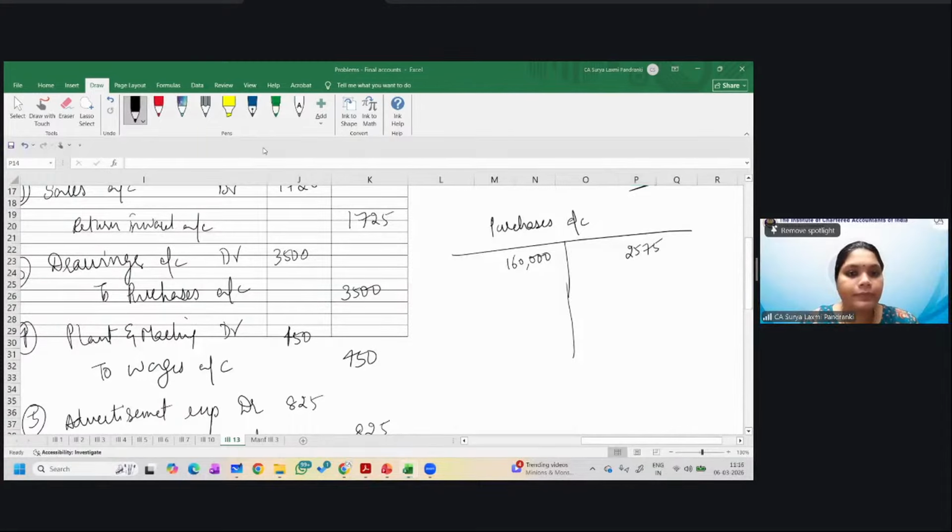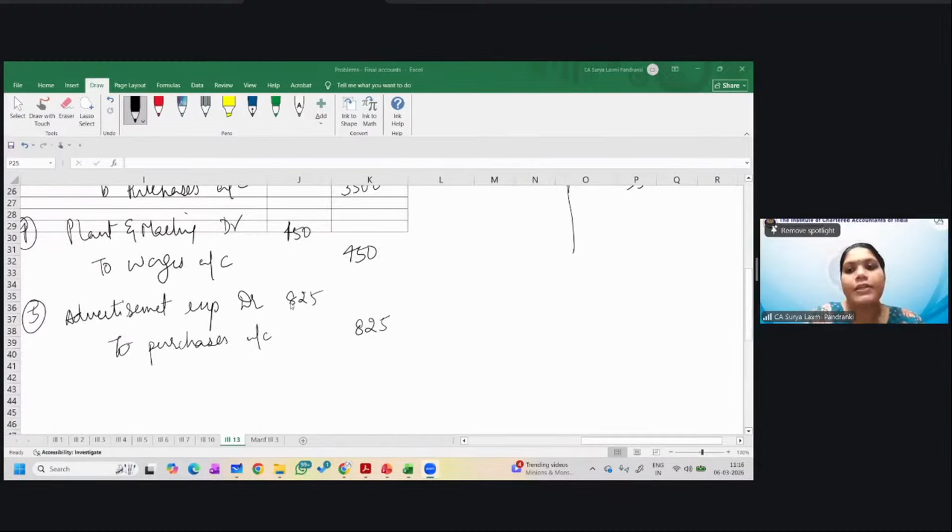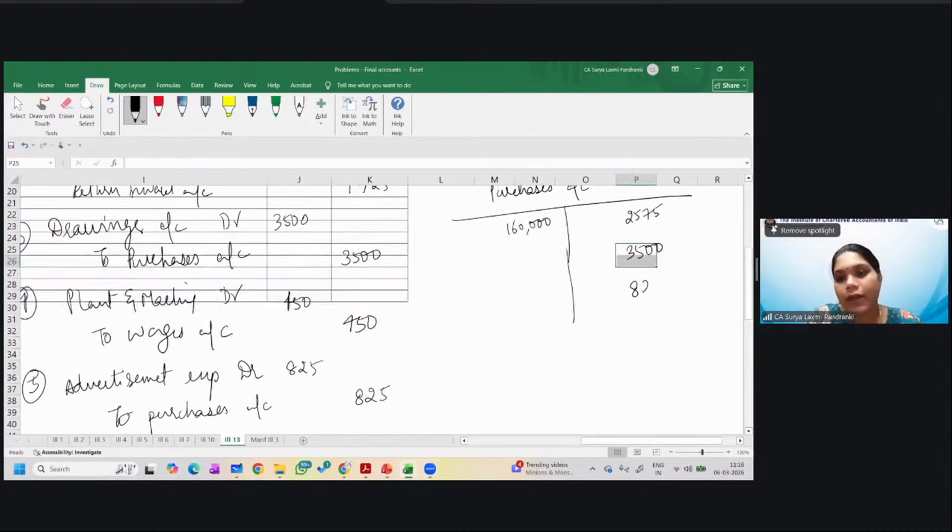The third one. Drawings also have to be deducted. 3,500, I'm deducting drawings. Then what else we have? We also have advertisement 825. This also we will have to deduct. So what is the balance? Check the balance in the purchases account. Only these three, I think.